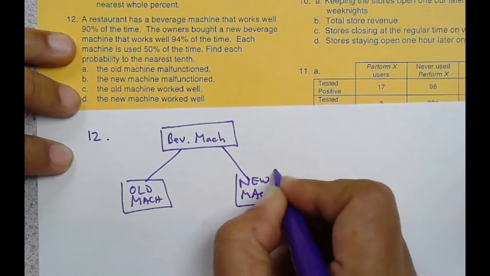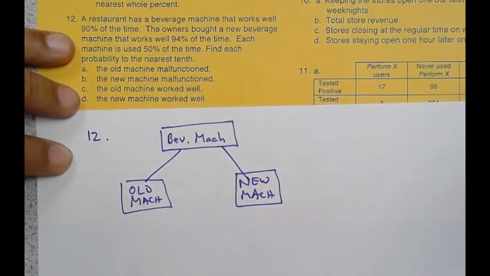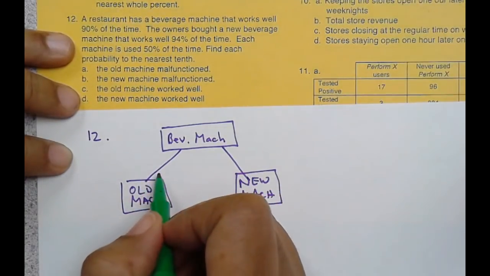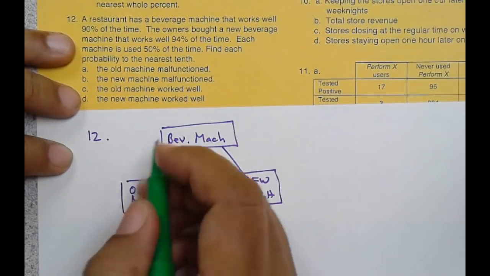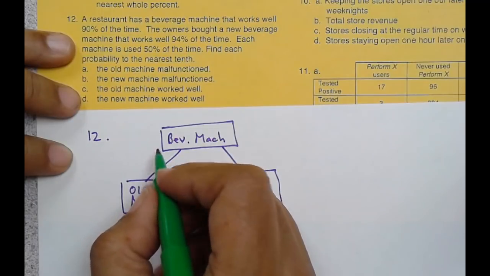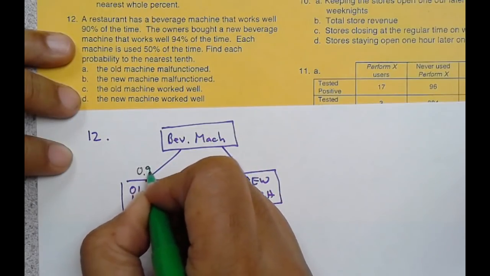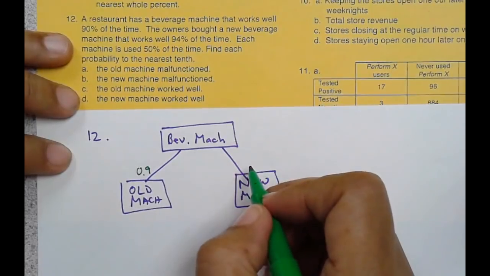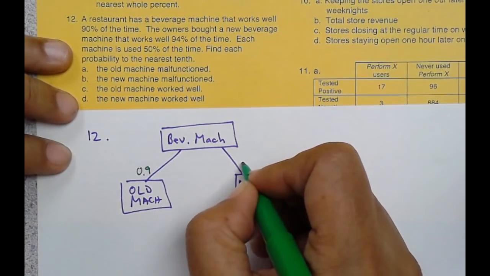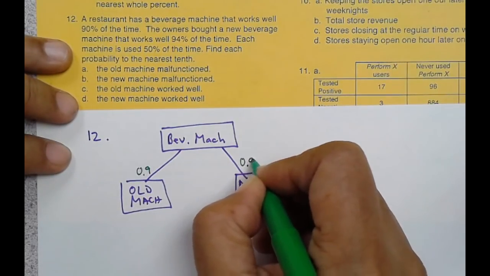We know that this original machine works well 90% of the time, so I'm going to put 0.9 here. The owner bought a new beverage machine that works well 94% of the time, so I'm going to put 0.94 here.